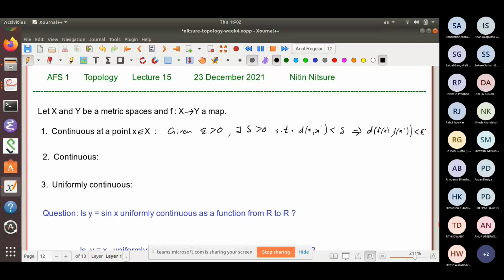Have I written it correctly? I hope I have not made a mistake in writing this. Okay. So it is continuous at a point. Continuous means continuous at every point.